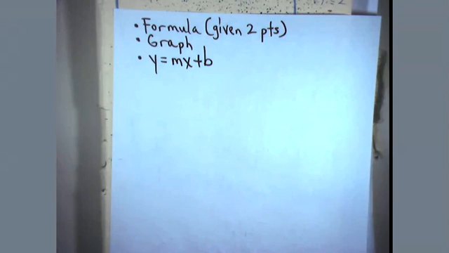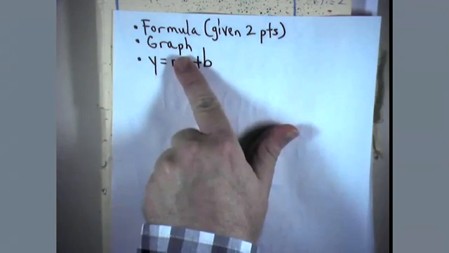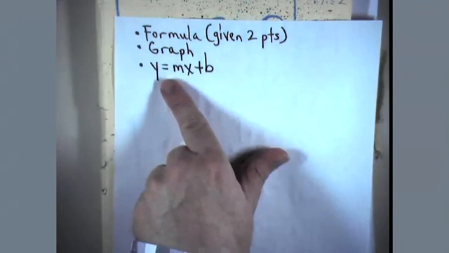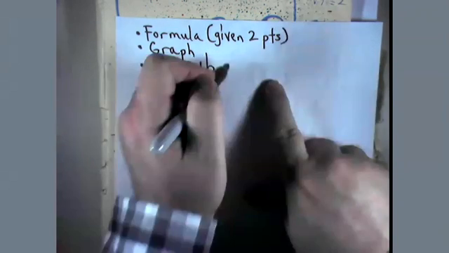So far, these are the three ways that we can find slope. With the formula, when you're given two ordered pairs and nothing else. If you're given a graph, you can use the rise over run definition. Or if your equation is in what's called slope-intercept form.